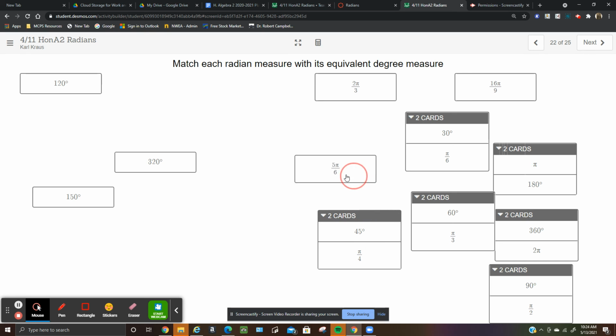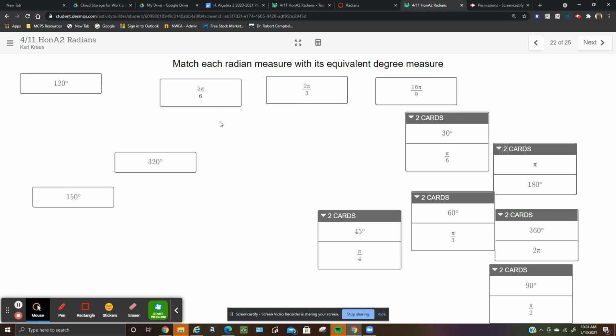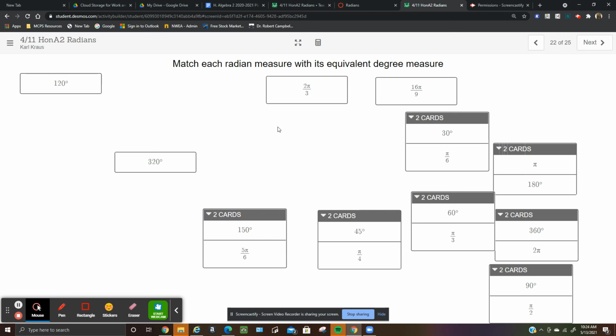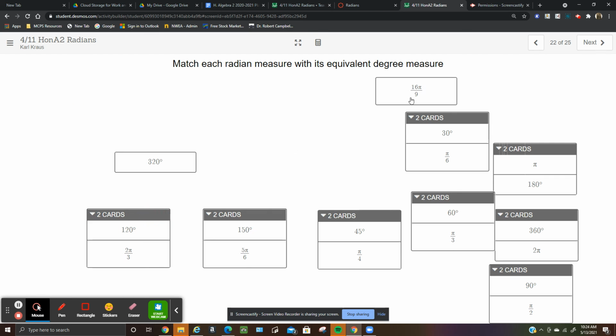Then I have these a little bit more complicated here. So 180 divided by 6 is 30 times 5 is 150. 180 divided by 3 is 60 times 2, 120. And then 180 divided by 9 is 20 times 16 is 320.